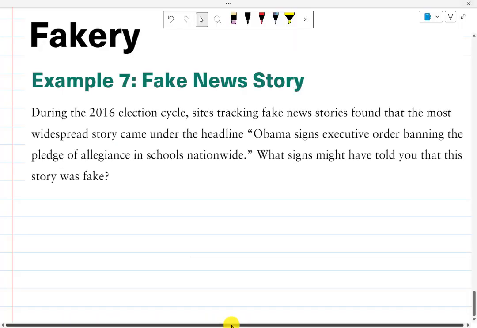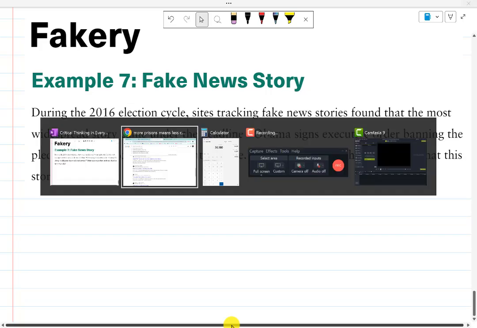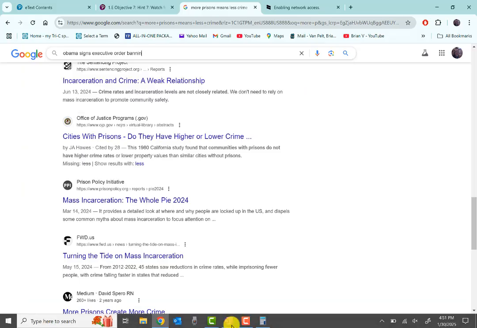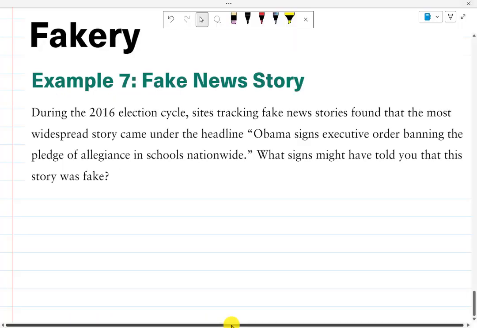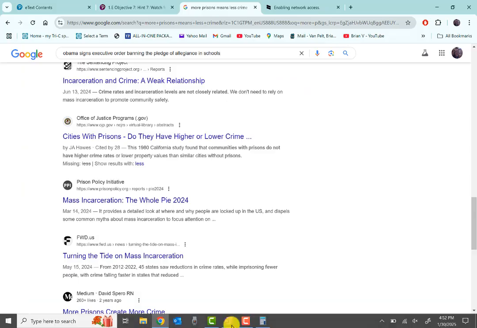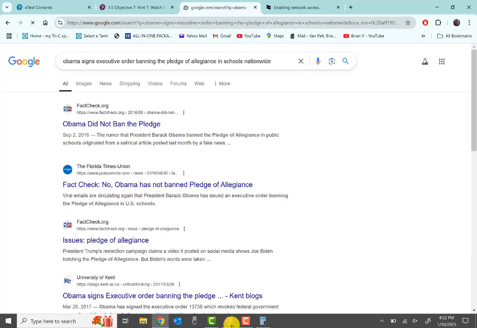Banning the Pledge of Allegiance in schools, I believe. Let me make sure I have that right. In schools nationwide, there's even more to it. Okay. Let's see if I can find it.